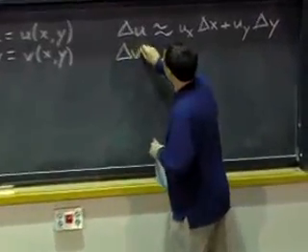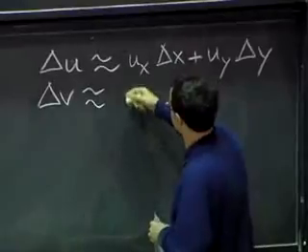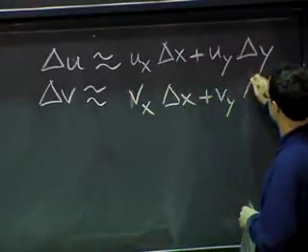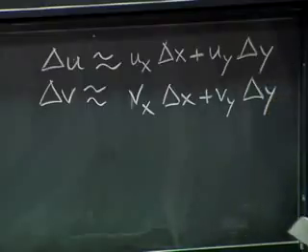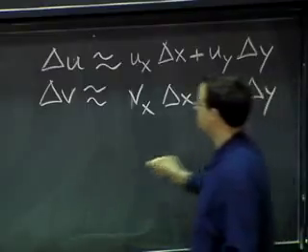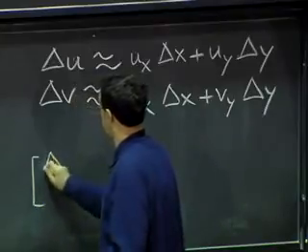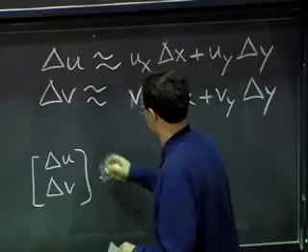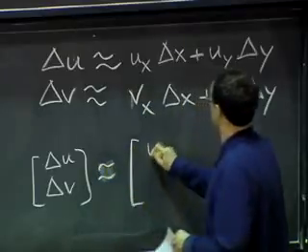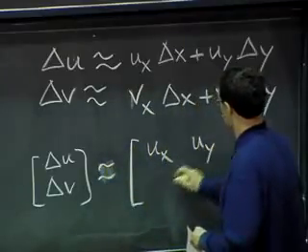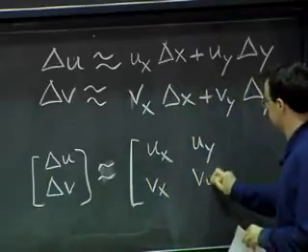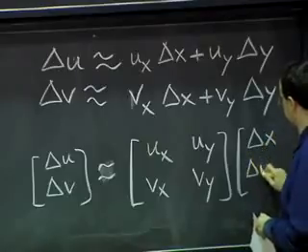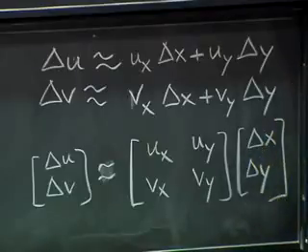And the change in v will be roughly v sub x delta x plus v sub y delta y. Or the other way to say it, in matrix form, is that (delta u, delta v) is approximately equal to the matrix with rows (u sub x, u sub y) and (v sub x, v sub y) times (delta x, delta y). Okay?